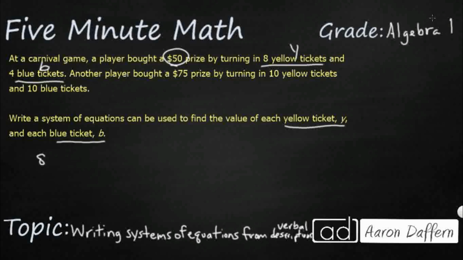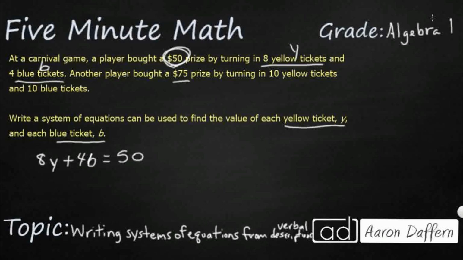So we can say 8 yellows, so 8y, they give it to you right there, plus the 4b, and that's going to equal a $50 prize. I'll leave the dollar sign off. So there we go: 8y plus 4b equals 50, and I can do the same thing with my second sentence.